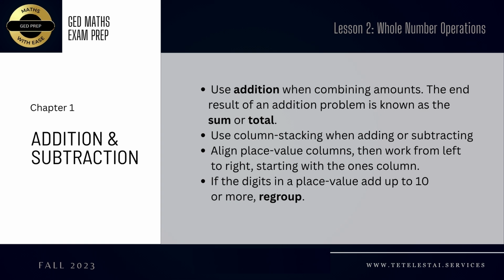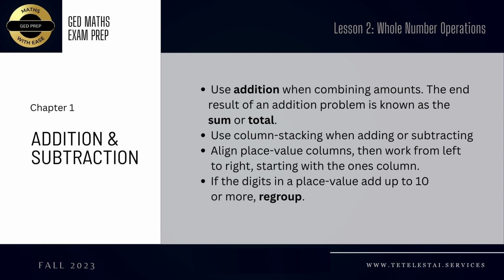So when you're adding, be mindful to stack the numbers in a column, and the next couple of slides will explain what I mean, so that you can easily assign place values for each of the numbers that you're working with.